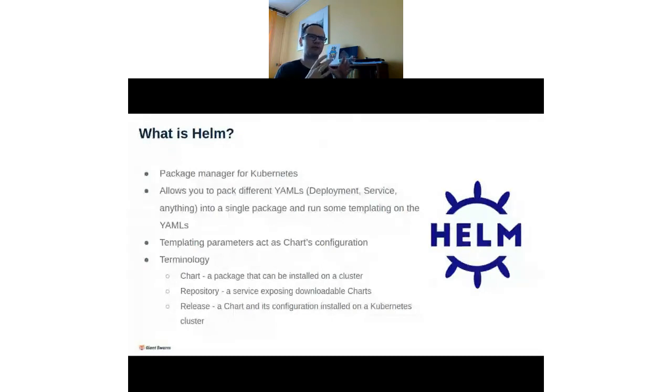And then there is some configuration. So this package is to some extent templated. You can pass an external configuration to this package, and this configuration will be used as templating parameters so that the manifests inside can get some external values. And all of that together, the package and the configuration, can be deployed to a Kubernetes cluster as a single management unit, which is already a big benefit, right?